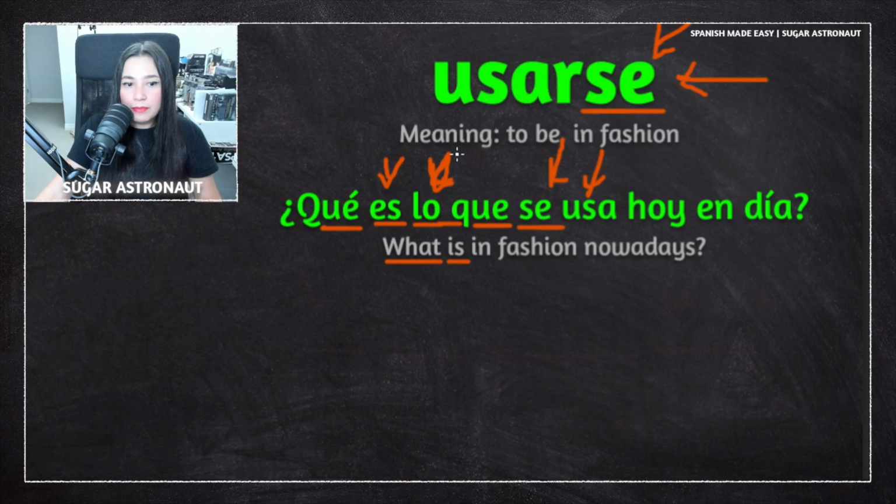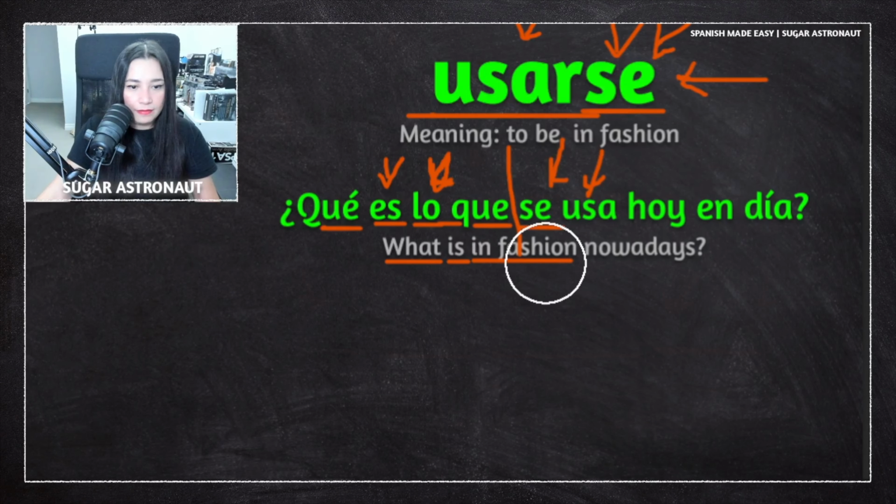So this is one part, and now you still have to say se and also usa, because we are saying usar and also the reflexive pronoun. Se usa, in this situation, in fashion.